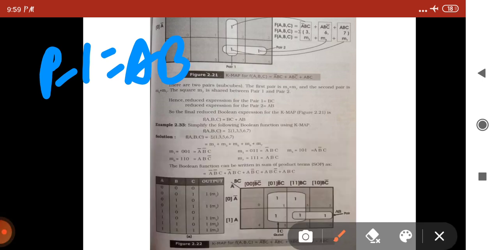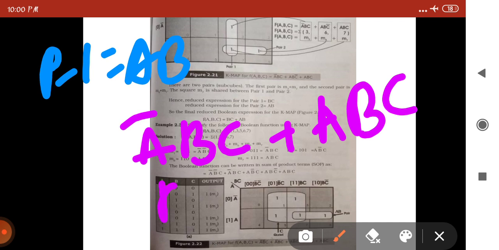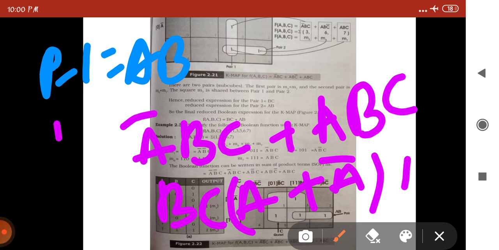What is that one? A bar BC plus ABC. Which is the common? BC is the common. A plus A bar is a 1. Pair 2 is BC.